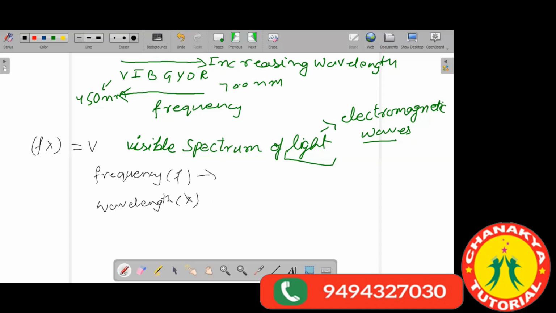Which color has the maximum frequency? Yes, which color has the maximum frequency? Red. Maximum frequency is violet and minimum frequency is red.